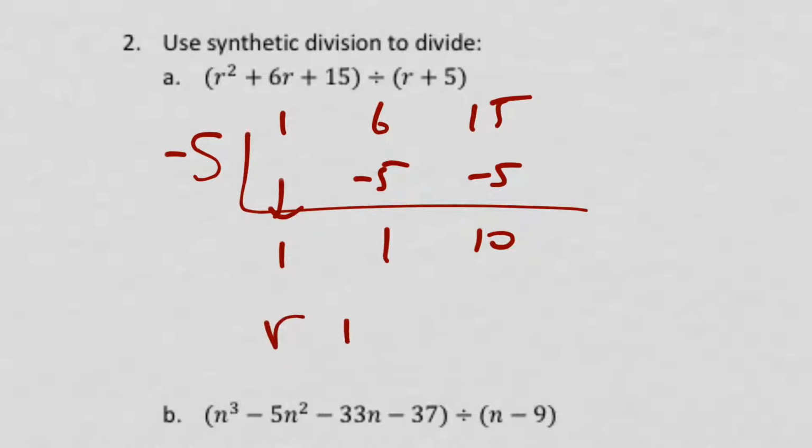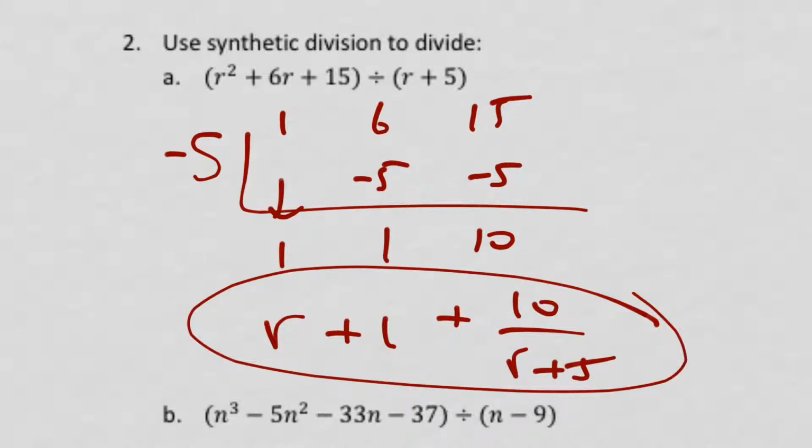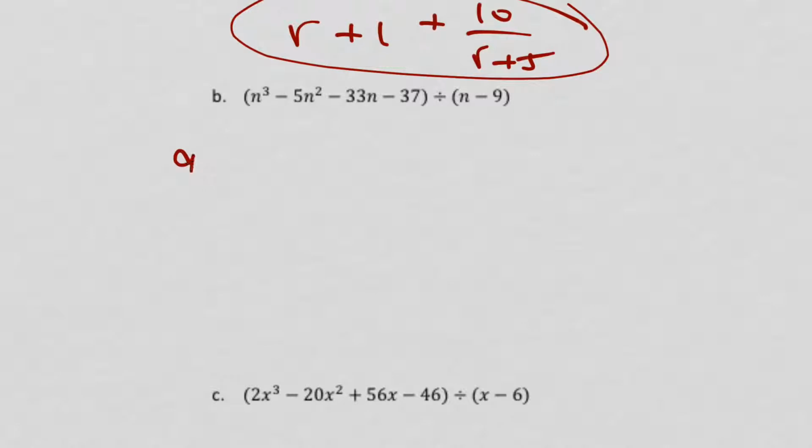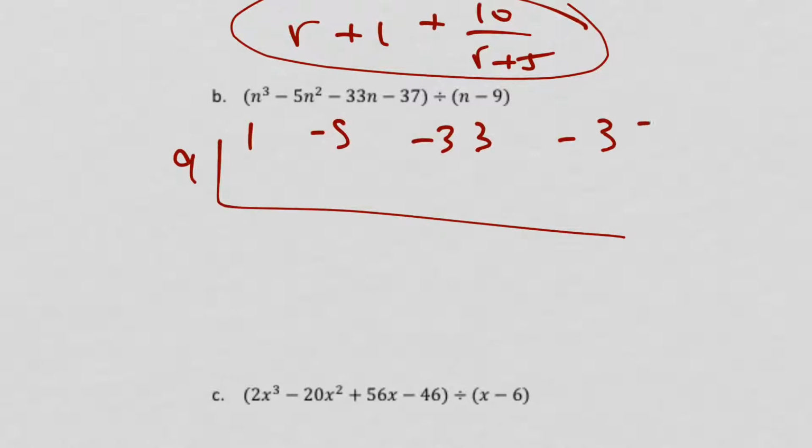Excuse me, r plus 1 plus 10 over r plus 5. Hopefully you guys are finding this really easy. It is a very easy method to do, but again, it doesn't work on everything, which I will show you guys where it does not work and what you have to do if it doesn't work.